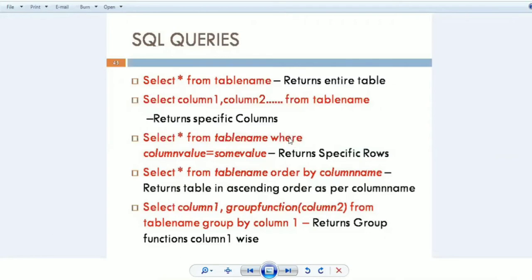You will put a clause where, and in front of that, you will put a condition whether the column name is equals to some value, greater than some value, or less than some value. You can put any of these conditions. If you want to sort the table based on some column name, you will use order by column name.